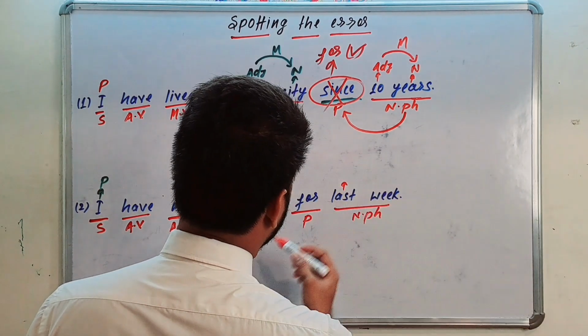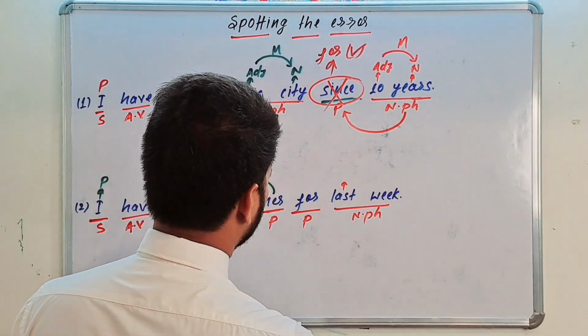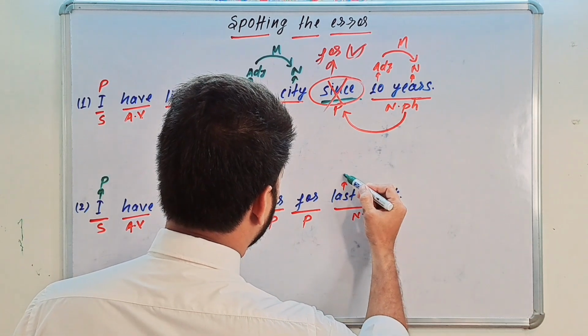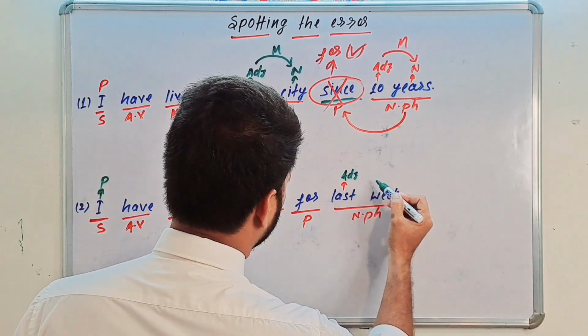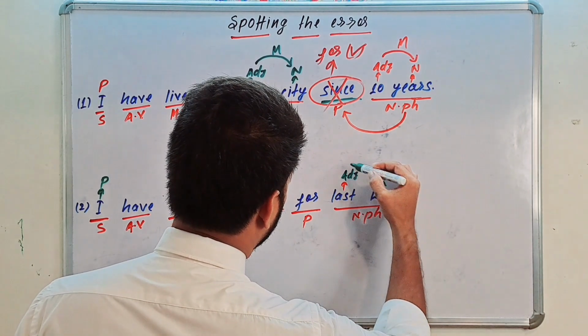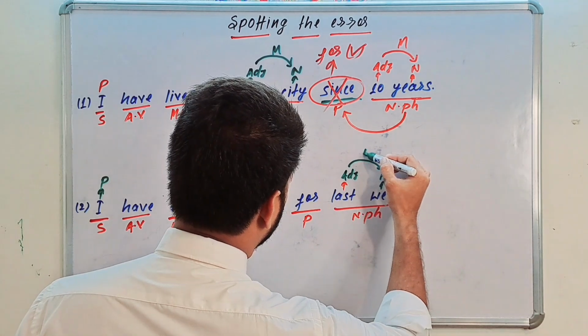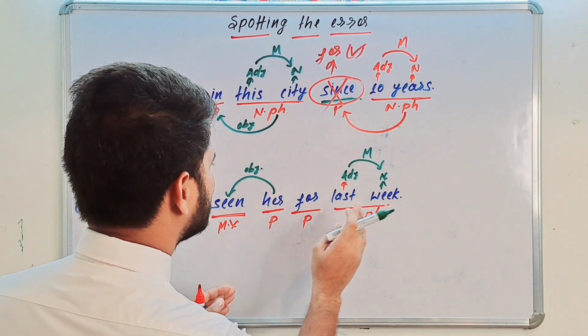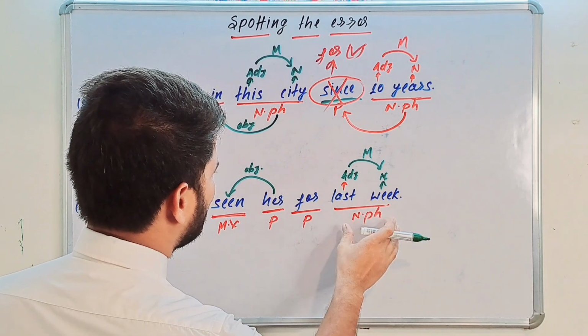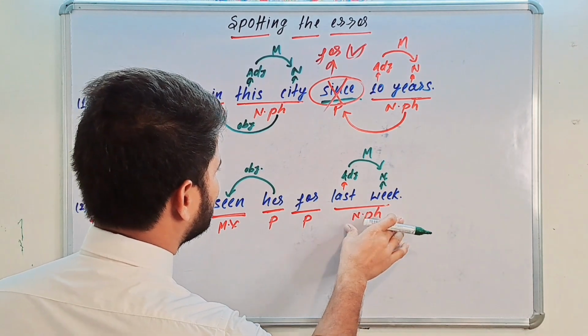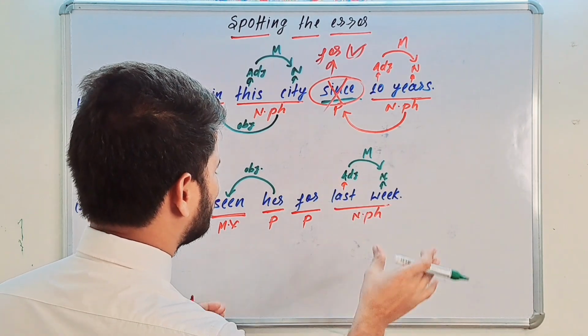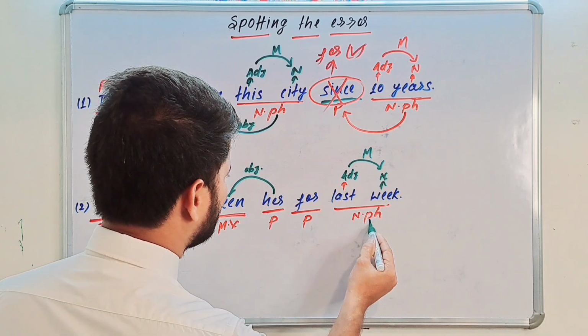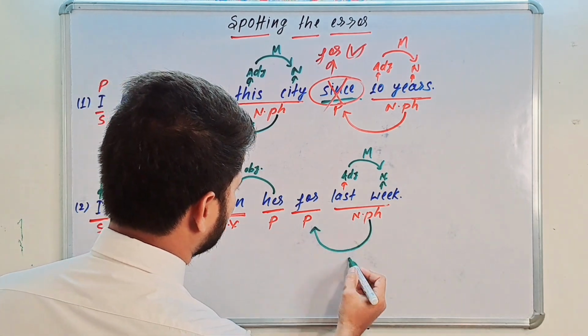The word last is an adjective qualifying week, and week is the noun. Here the preposition is followed by a noun phrase, so the noun phrase last week is the object of the preposition.